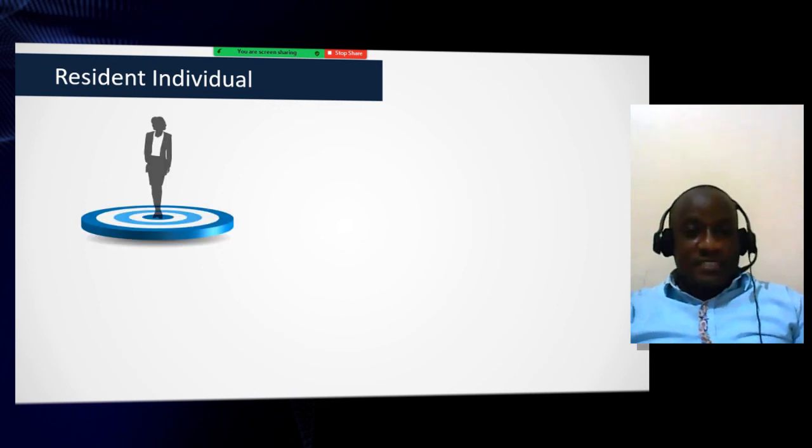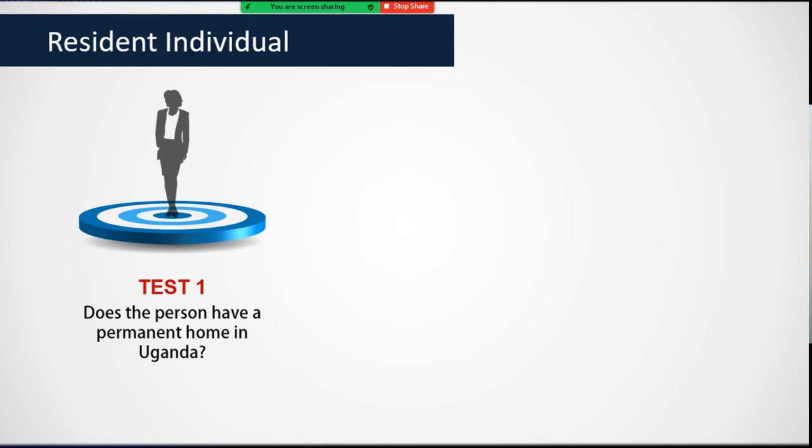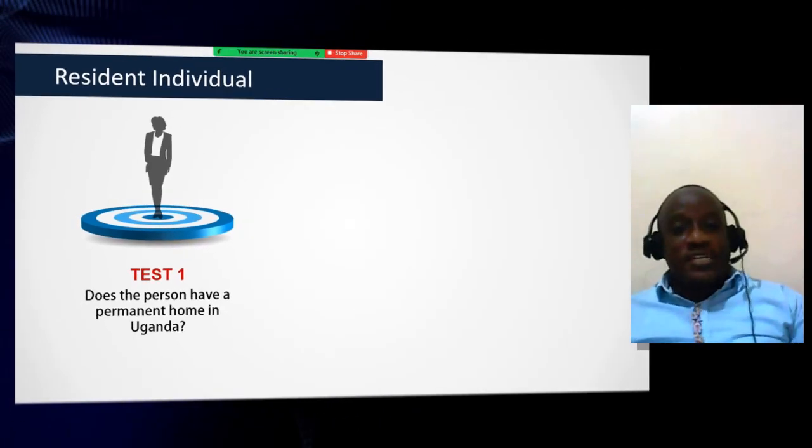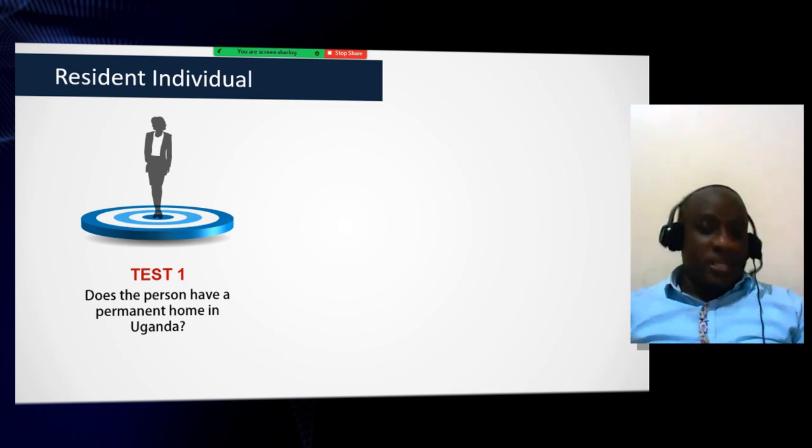The first test is to determine whether this person in question has a permanent home in Uganda. If the answer is yes, then outrightly you are dealing with a resident individual.